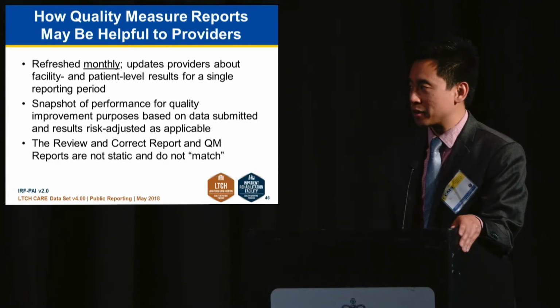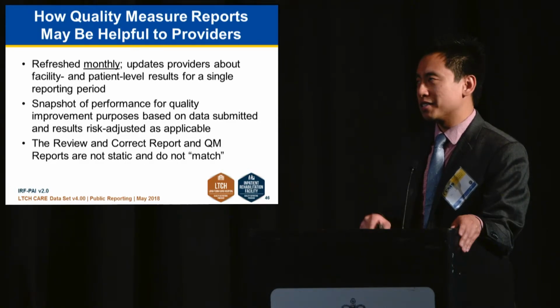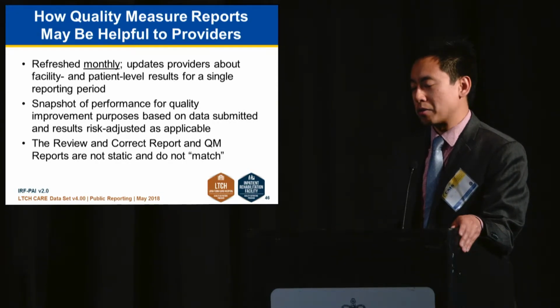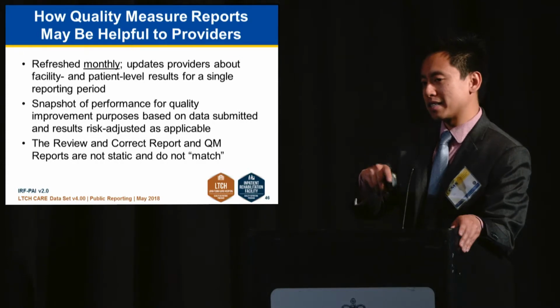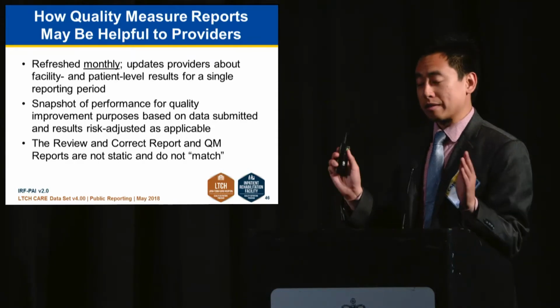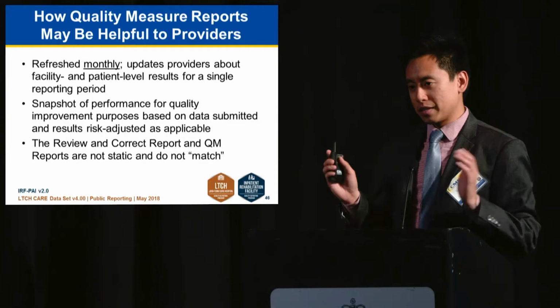The report end date for quarter 2 2018 is June 30th, 2018. Right now in the CASPER system, you can request the report end date of June 30th, 2018. It goes back 12 months, July 1st, 2017 through June 30th, 2018. Right now we're still in May, but you can still see the data for this quarter.